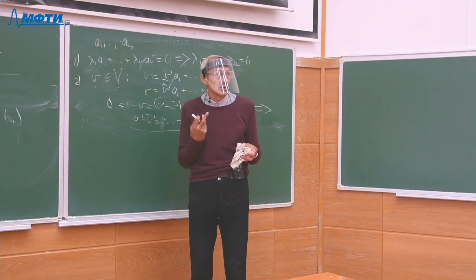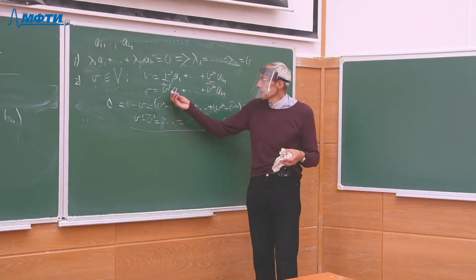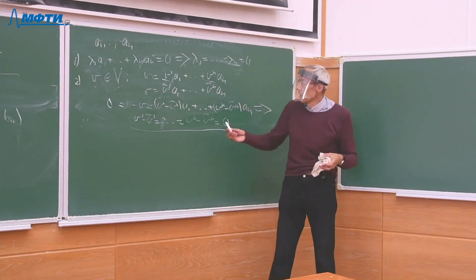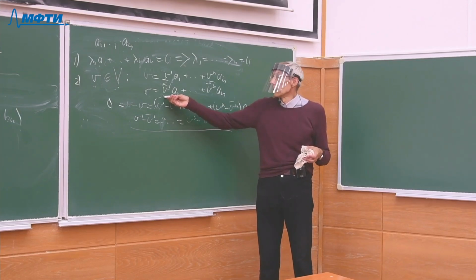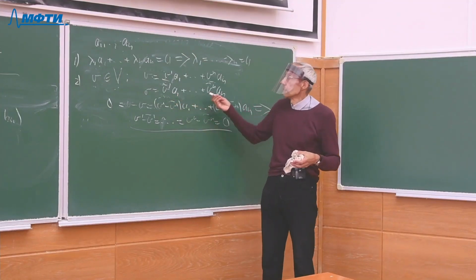The coefficients of such an expansion are uniquely defined, and these coefficients are called the coordinates of the vector a in the basis a1, an.